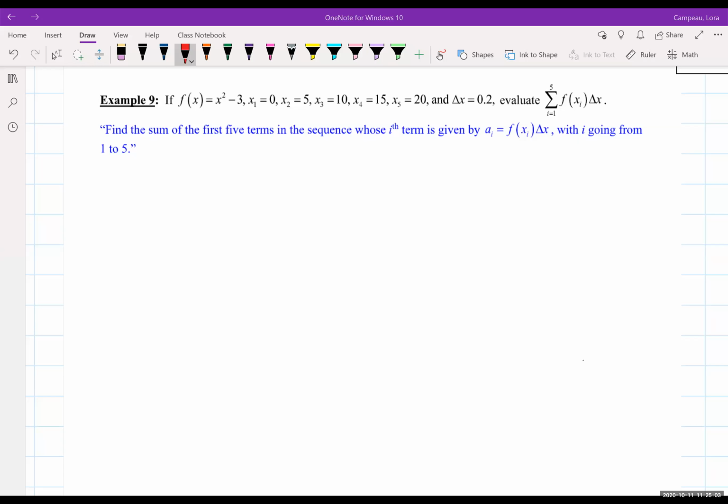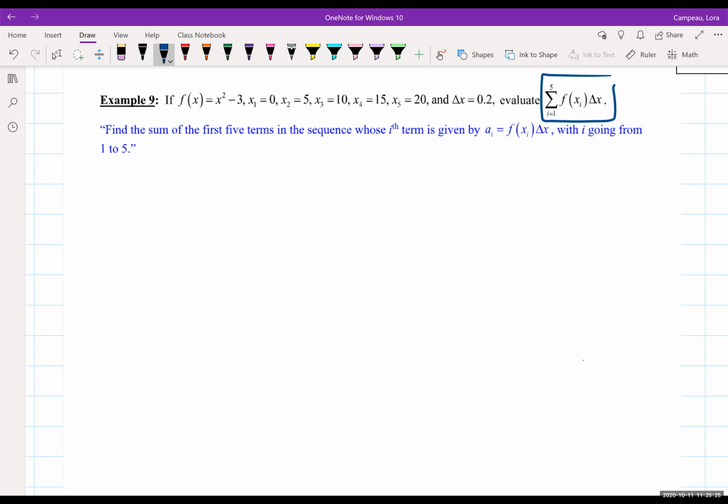All right, so one last example for this section. At first, it looks a little intimidating, but once you understand what the summation notation is speaking about, especially when they're asking us to evaluate the summation, you're noticing that the argument ends up being a function.